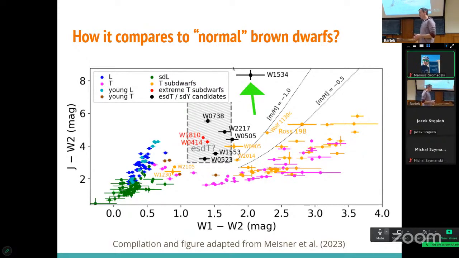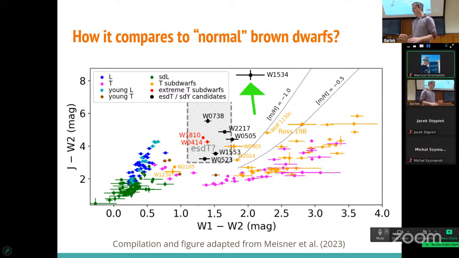So at first it was quite a puzzling object, and we did not know what it actually could be. One of the possibilities was that it could be a very old, low-metallicity substellar object passing nearby, because somehow it fits the predictions of models with low metallicity content of these objects.